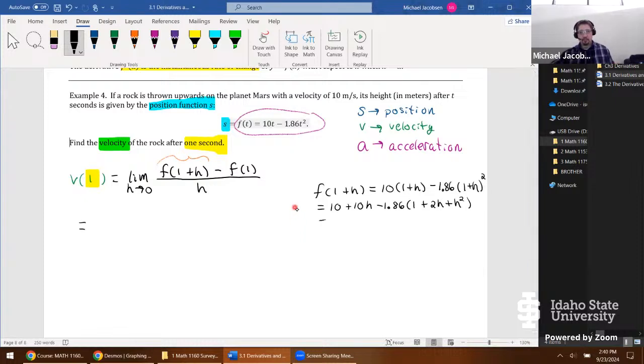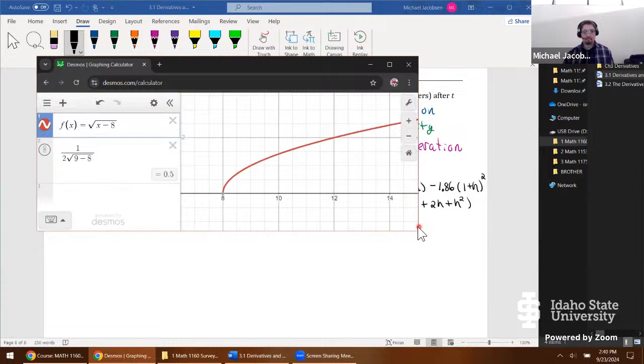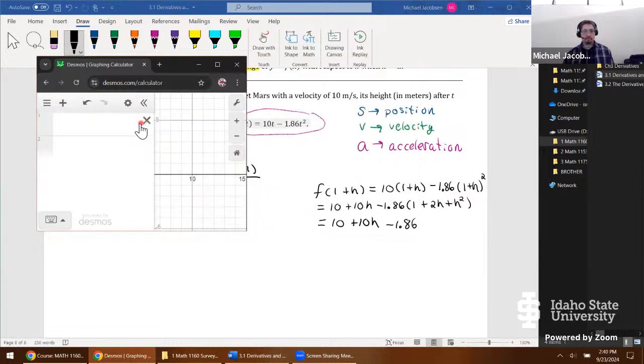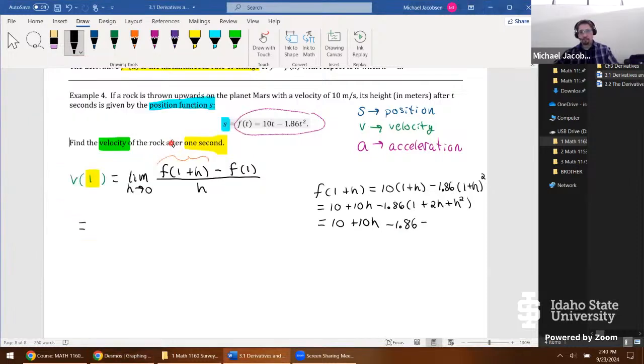On the next step, we have 10 plus 10h. Distributing that through, we'll get negative 1.86. And I'm sensing the need of a calculator. Let me grab one real quick. Now 1.86 doubled, that's going to give us a negative 3.72h.